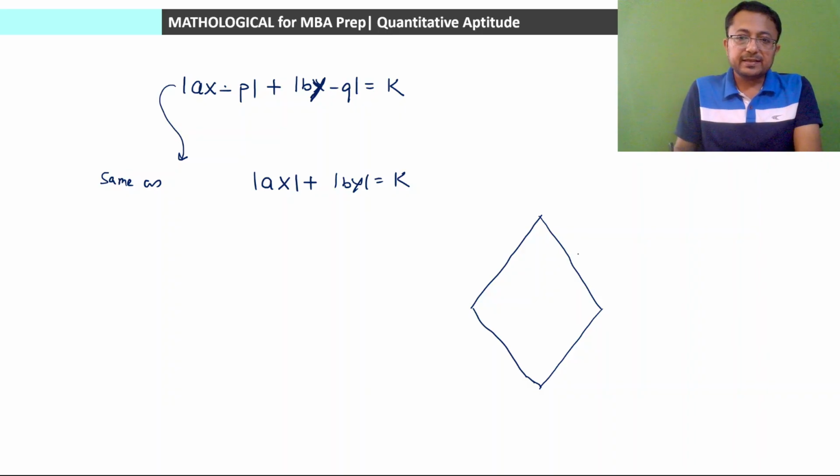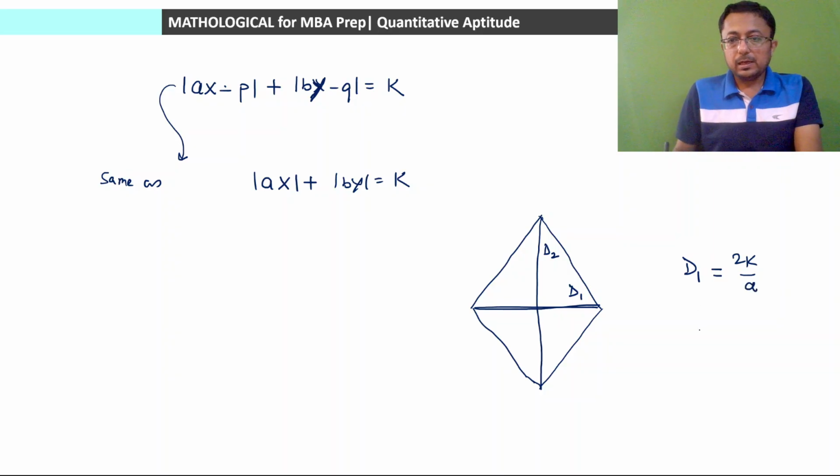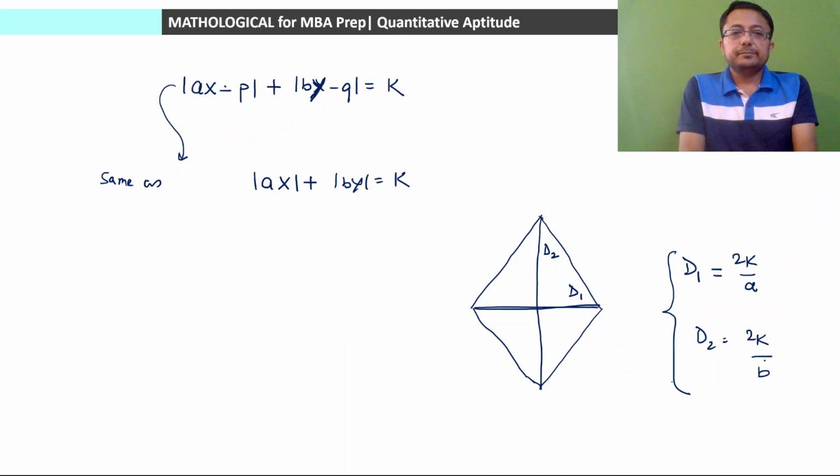And if this is diagonal d1 and this is diagonal d2, then d1 will be equal to 2k divided by a, and d2 will be equal to 2k divided by b. Is this clear?